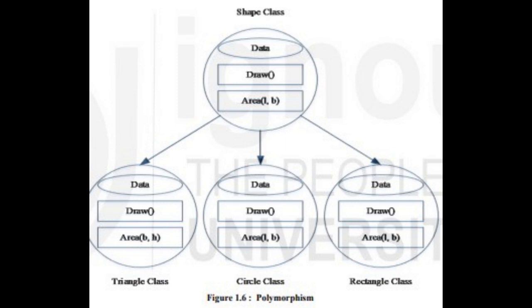The overloaded method should always be part of the same class, with the same name but different parameters. The parameters may differ in their type or number, or both. Methods may have the same or different return types. Method overloading is the best example of static binding. In method overloading, which method to be called is decided by the compiler at compile time.